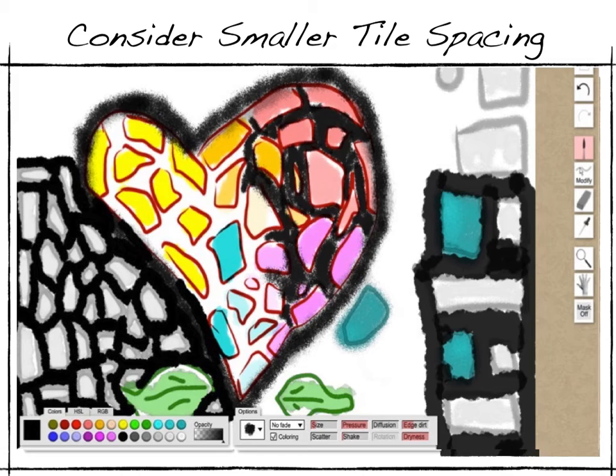Pieces that are spread out further, as seen on the right, require more grout, and also the picture may not be clear. On the left, we use less grout, and the picture is more clear.